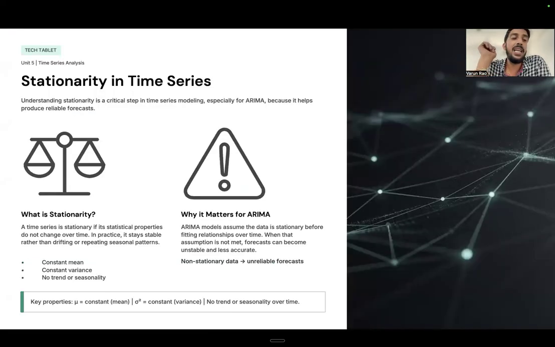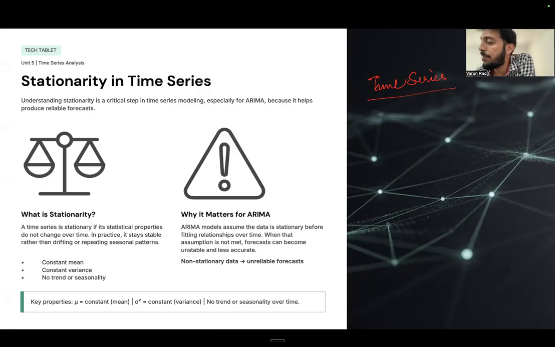Then you have stationarity. Great. Now, we all know what is stationarity, I think, as the name itself tells you. Now why do we need it and what is it is the first step that we need to understand.